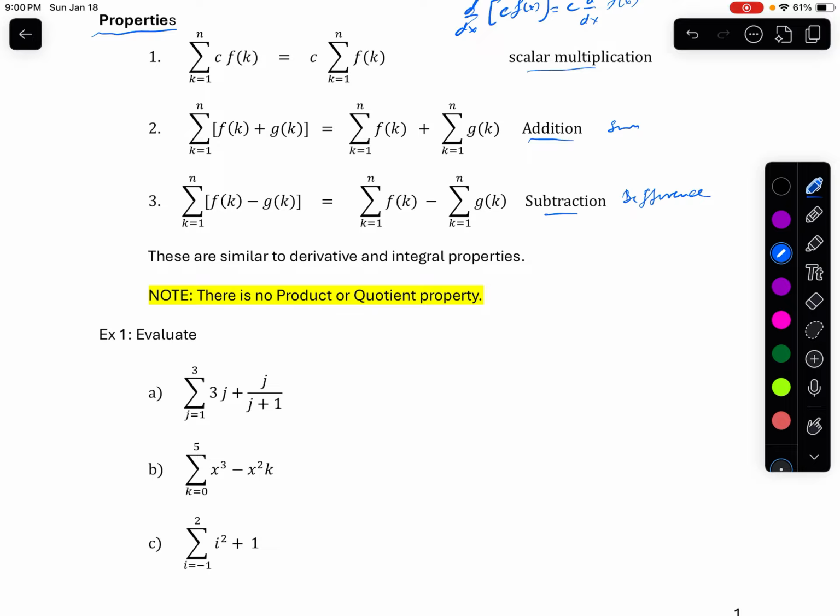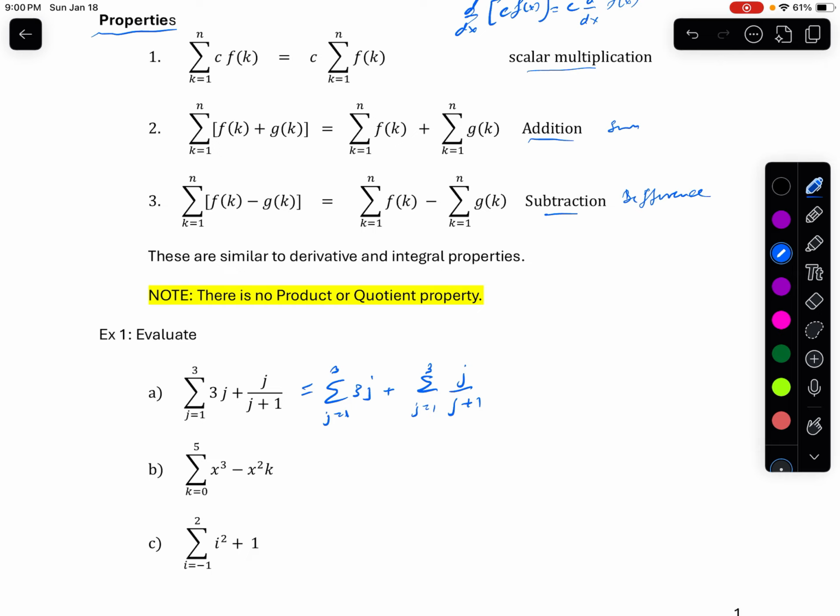So now I have two terms here, so I can use my distributive property number 2. I can write it as summation j is equal to 1 to 3, 3j plus summation j is equal to 1 to 3 j over j plus 1.